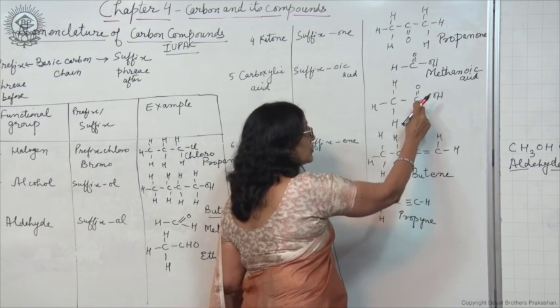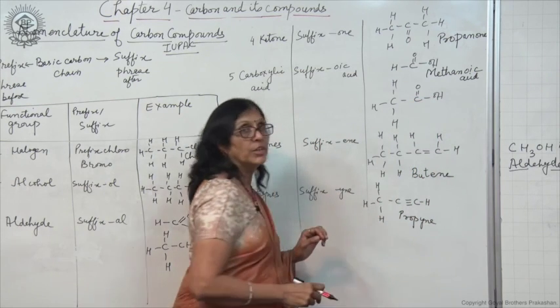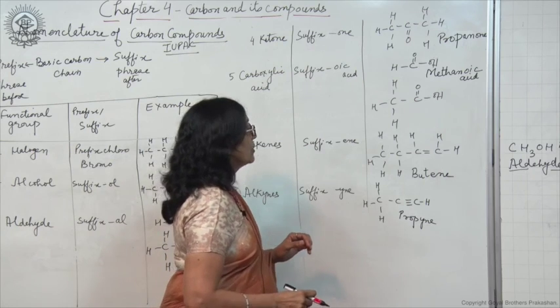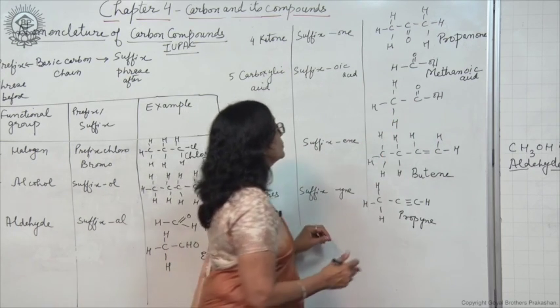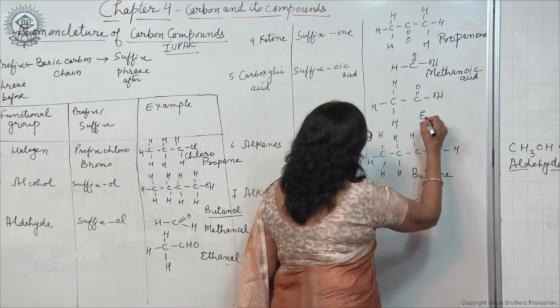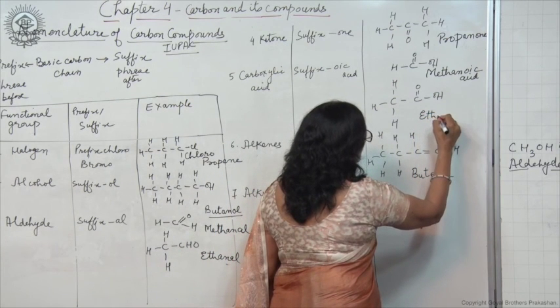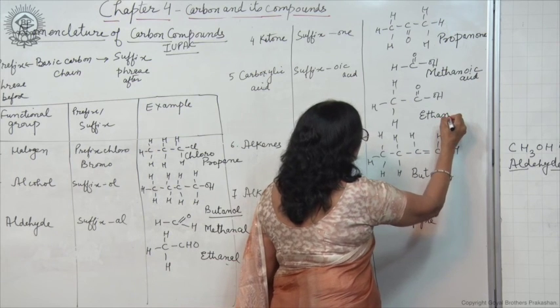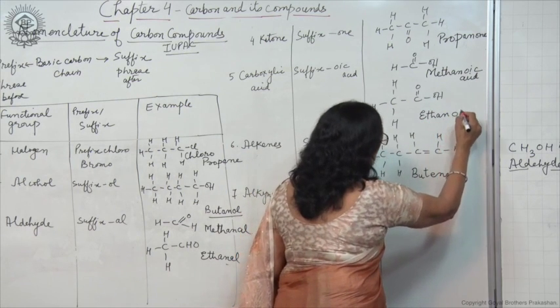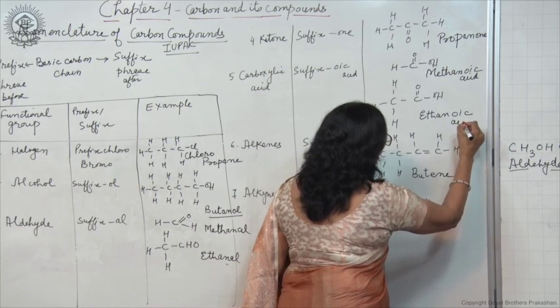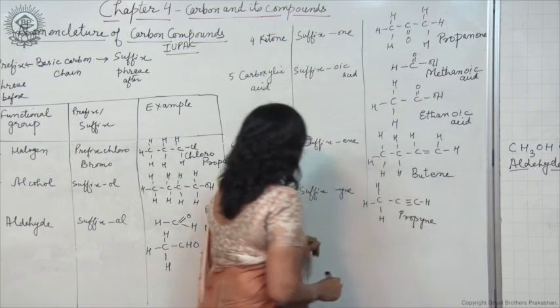So, the carbon atom of this functional group also will be counted. Do not forget to count this carbon atom also. So, the main substance will be ethan, which stands for 2 carbon atoms: ethanoic acid.